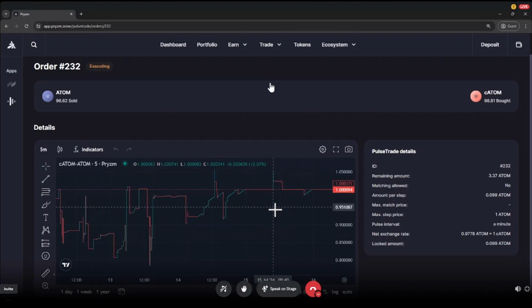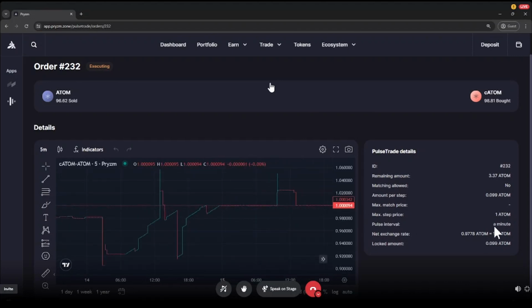And what happens is, every minute Pulse Trade checks, the limit price here is 1. So every minute Pulse Trade checks, is the price below 1? Okay, let's buy 0.099. Okay, next minute, is the price below 1? Okay, let's buy 0.099.